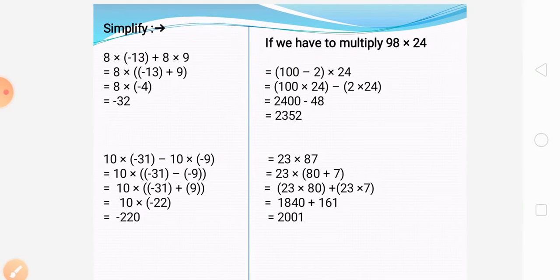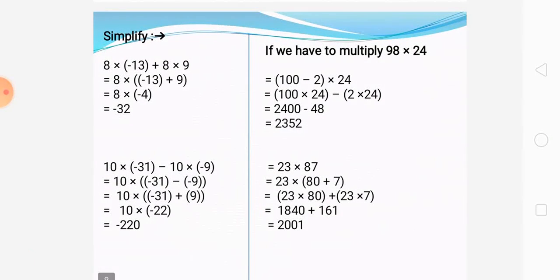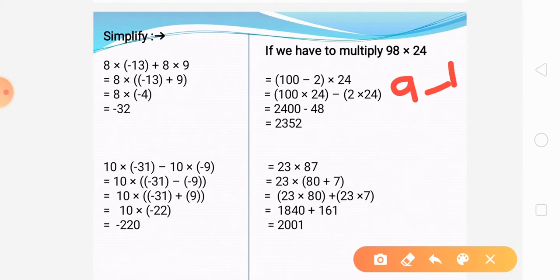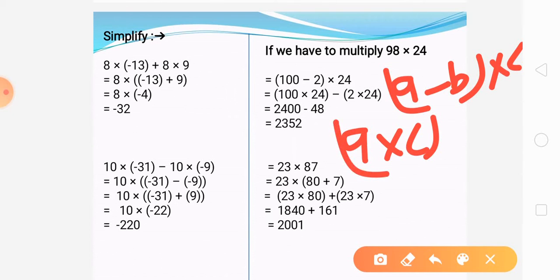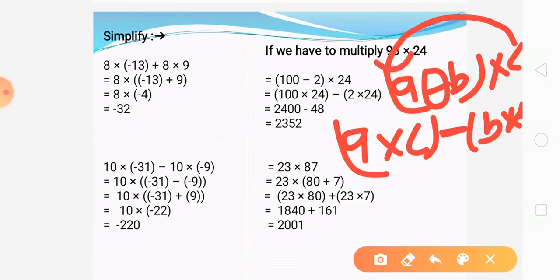Now what was our formula for this? The formula was A minus B into C. So how will I distribute it? A into C and B into C, and in between these two I will put a minus sign because here it is a minus sign.